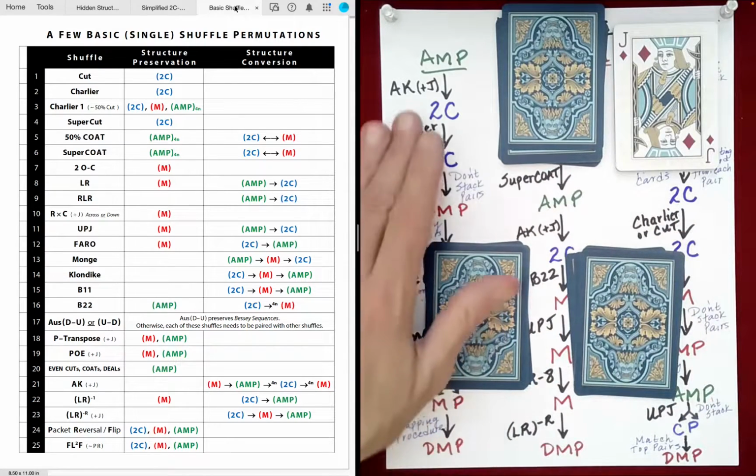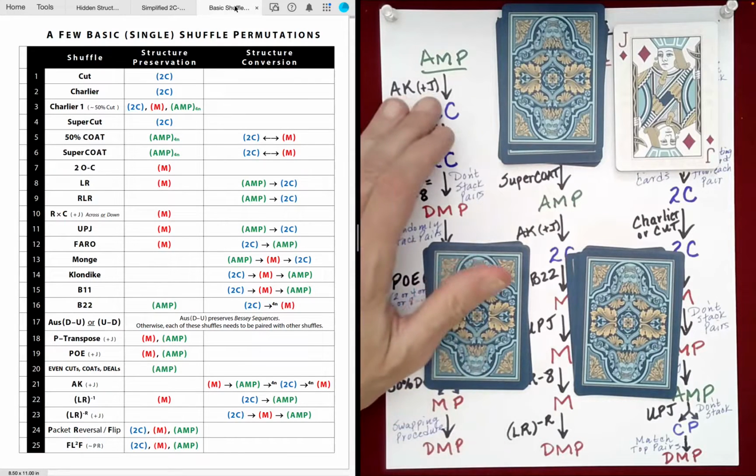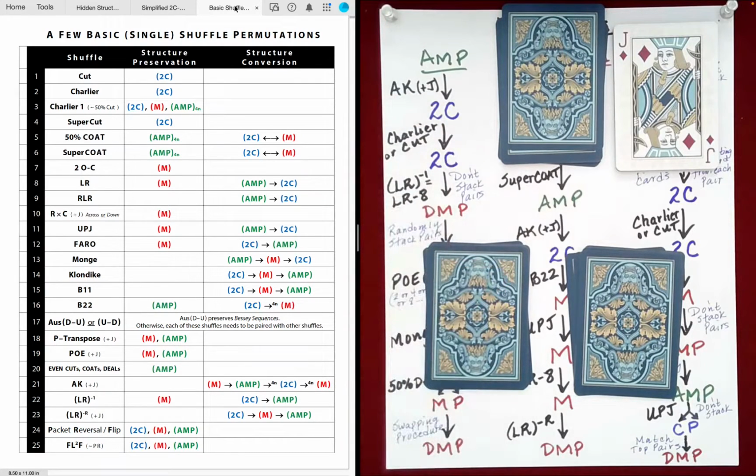But this plus J refers to Klondike shuffling pairs into 4 piles and so forth. And then we can stack those in kind of different ways than just left to right or right to left. So this judicious stacking is something I talk about extensively in other videos on this channel, so that's something to watch for. But here I just did a left, right, okay?